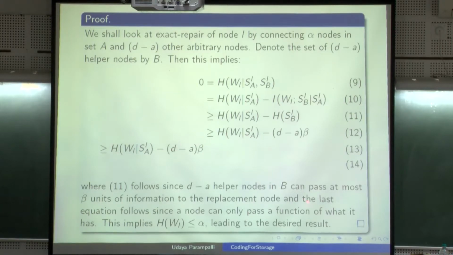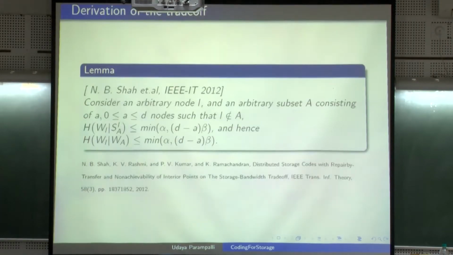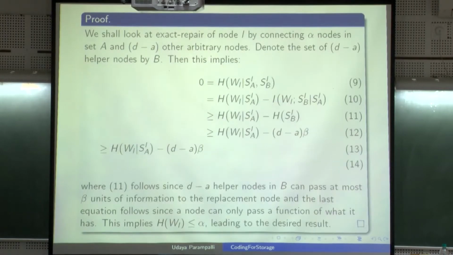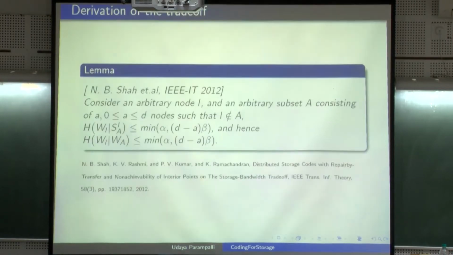So this implies that you can see that h of W_L is less than or equal to alpha. This is also there, so you have now applied this into this. So this particular node has to be either the minimum of this or this, leading to the desired result here.